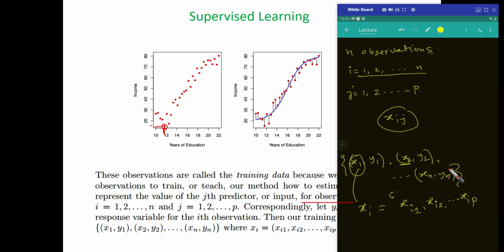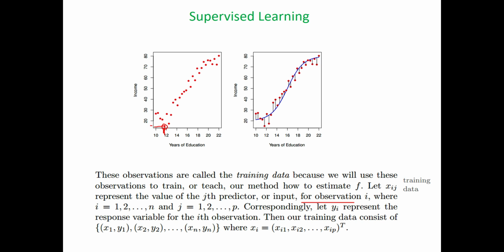This is how we write. It is a very simple notation that we need to follow. Sometimes we write it in this form: xi are vectors of the p predictors, or the p independent inputs.